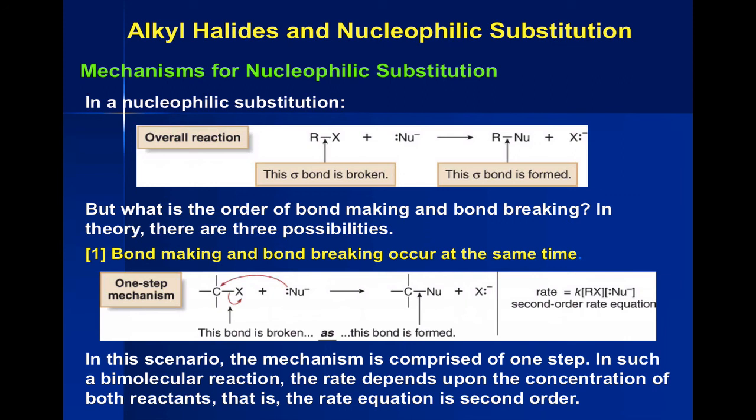The rate of that reaction is going to depend on 2 concentrations. It's going to depend on the concentration of the electrophile, and it's going to depend on the concentration of the nucleophile. Why? Why would it matter what the concentration of the nucleophile is, for example? Well, there's the rate equation, but I'm trying to think of it from a conceptual point of view.